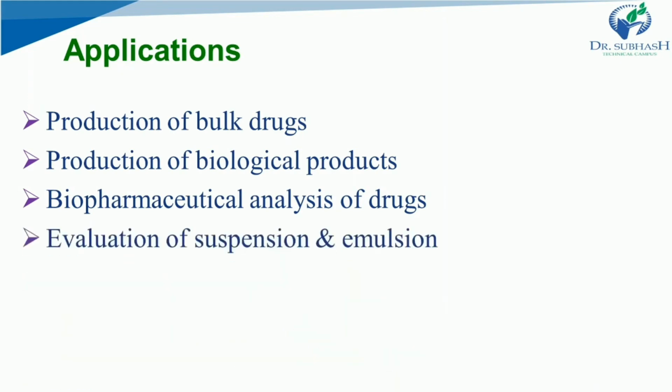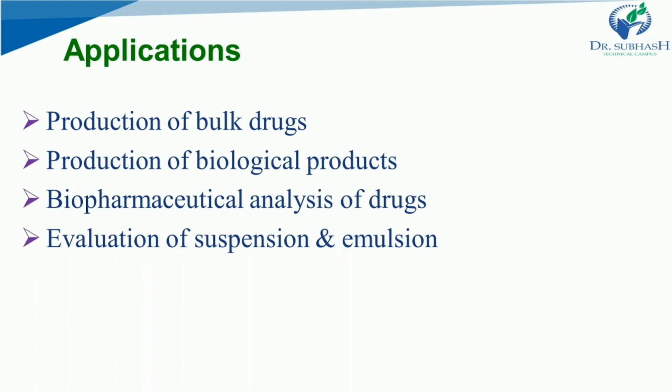Next is evaluation of suspensions and emulsions. The centrifugation method is used as a rapid test parameter for the evaluation of suspensions and emulsions. In your past semesters, you might have studied the basics of suspension and emulsion, right? Normally, creaming is a slow process in emulsion.